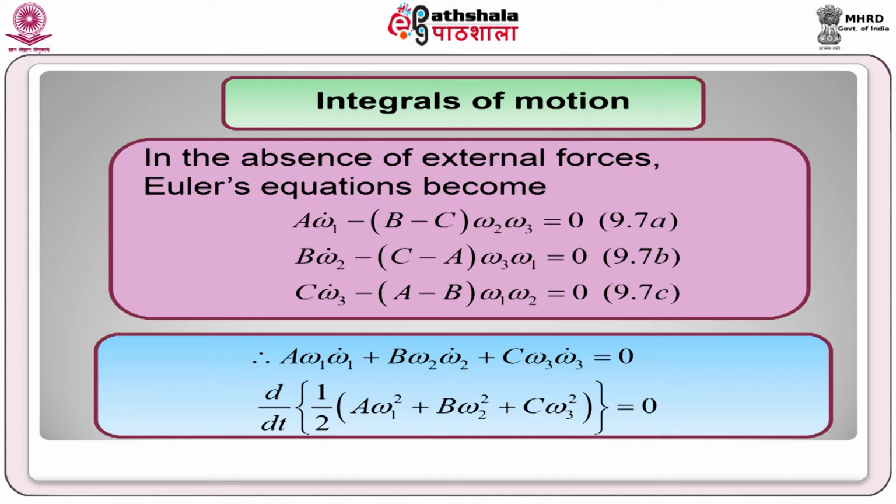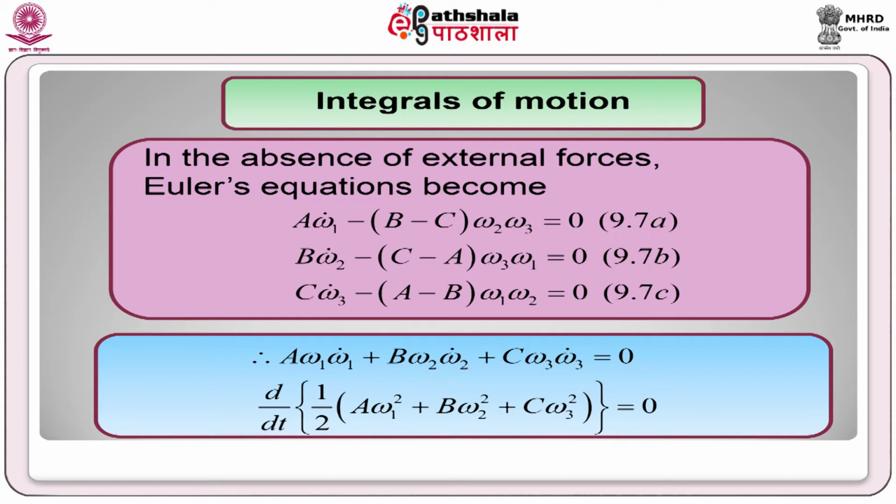We have already obtained Euler's equations of motion, and just substituted capital N1 equal to 0, capital N2 equal to 0, capital N3 equal to 0. Now, we multiply the first equation, that is 9.7a, by omega 1, 9.7b by omega 2, and 9.7c, that is the third equation, by omega 3.